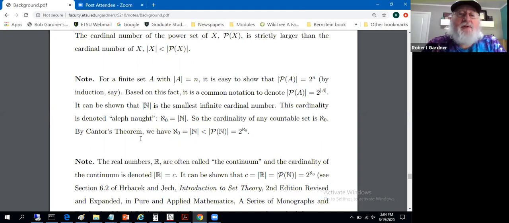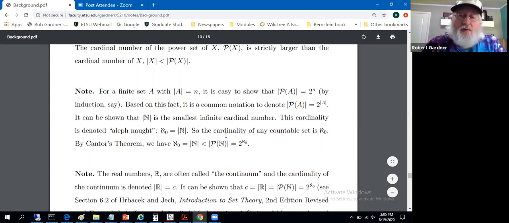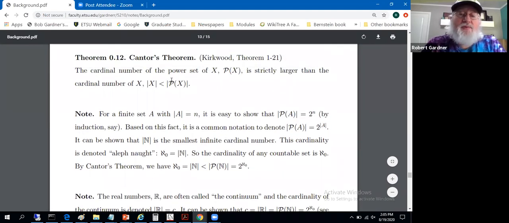By Cantor's theorem, this thing upstairs about power sets, aleph naught, the cardinality of the natural numbers, is strictly less than the cardinality of the power set of the natural numbers. That's what Cantor's theorem says. You take any set, its cardinality is strictly less than the cardinality of its power set. The set we're using here is the natural numbers.